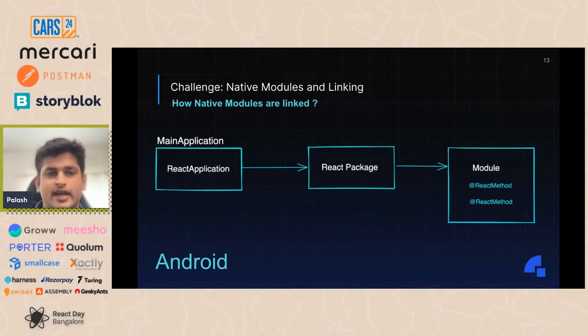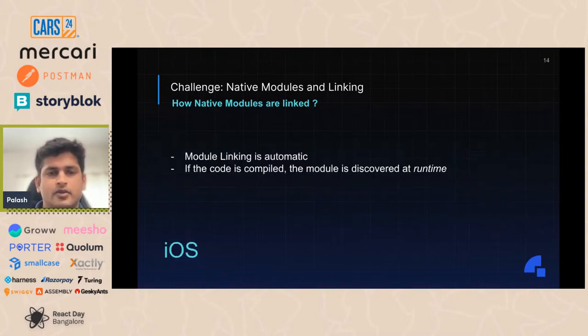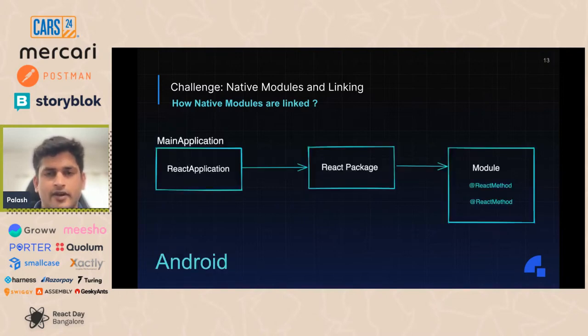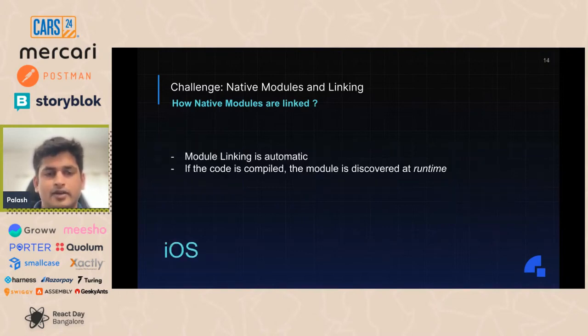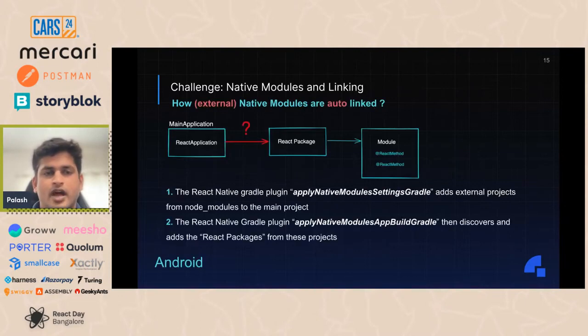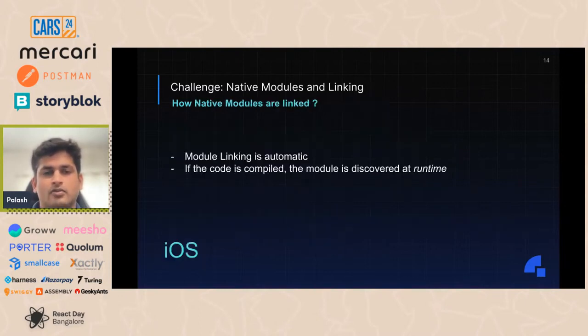So this is the Android side. On the iOS side, you don't do any of this stuff. If you write a native module and it's compiled into the code, it's discovered at runtime automatically. So this is how you would write your own modules.